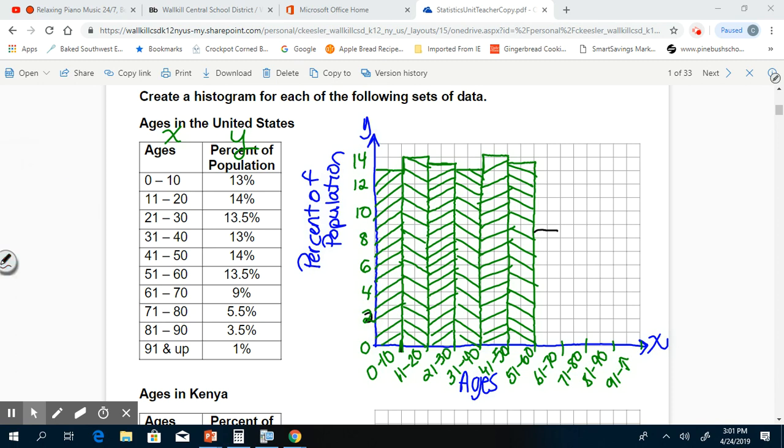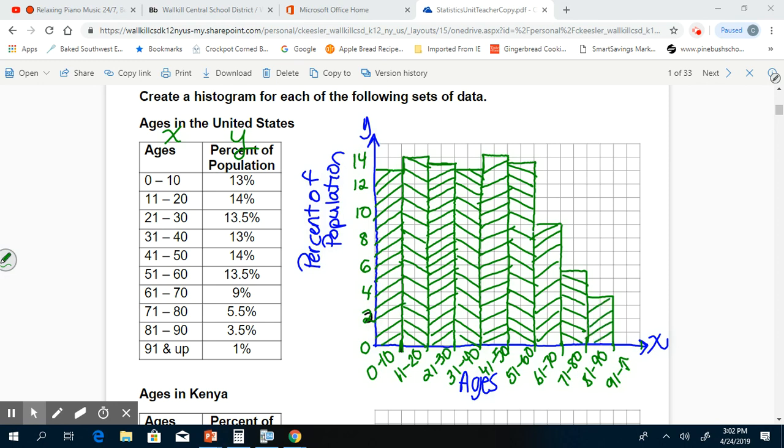Oh, my color keeps changing. 71 to 80 is 5 and a half. 81 to 90 is 3 and a half.